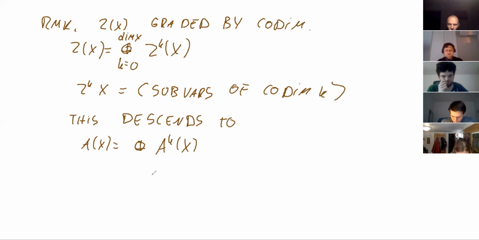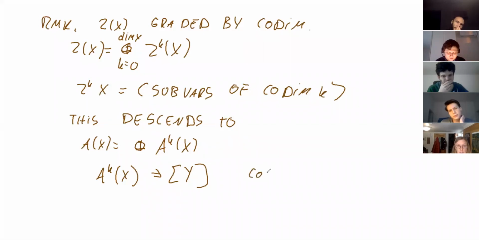Okay, so A^k(X), you should think about elements here as classes. Well, formally, this will be combinations of classes of subvarieties Y where codimension of Y in X equals k.